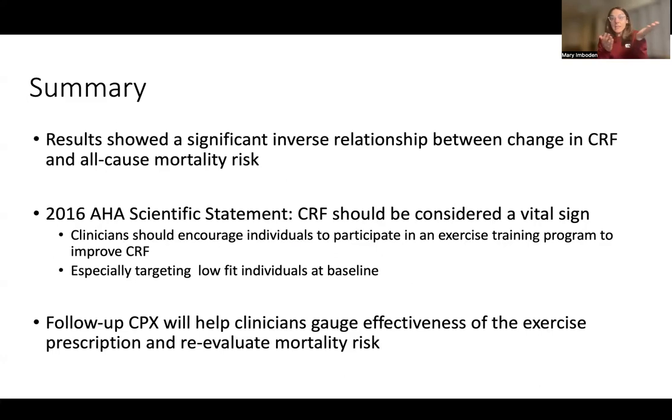And they said it doesn't matter how you measure it. Do it by the sit to stand. Do it by a non-exercise prediction equation. Just do it so you have this information and can encourage individuals to participate in an exercise training program to improve fitness. And really, getting at the low fit individuals, those are the people we want to target to try to get them out of that unfit group and into the fit group.